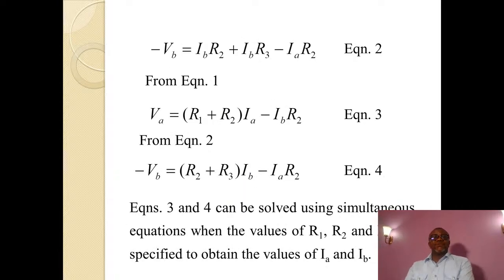So if we now look at equation 1, we can see, of course, open the bracket and we see equation 3. But then let us look at mesh 2. Mesh 2 is the mesh that has VB.